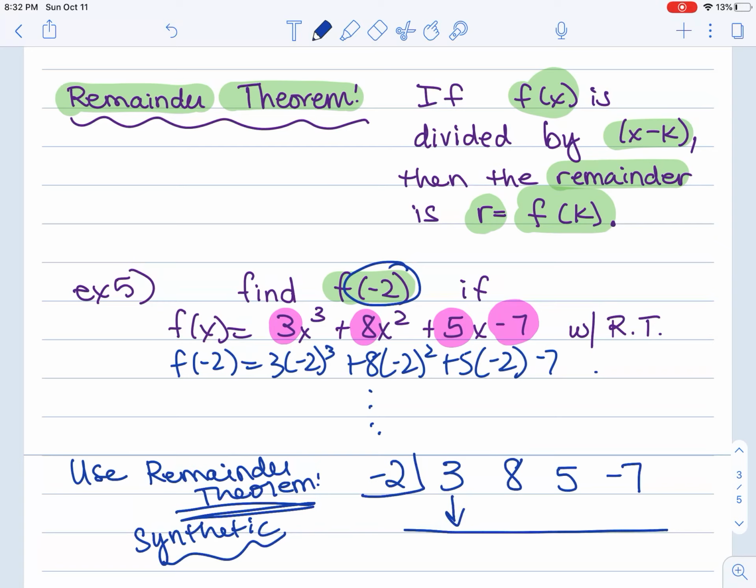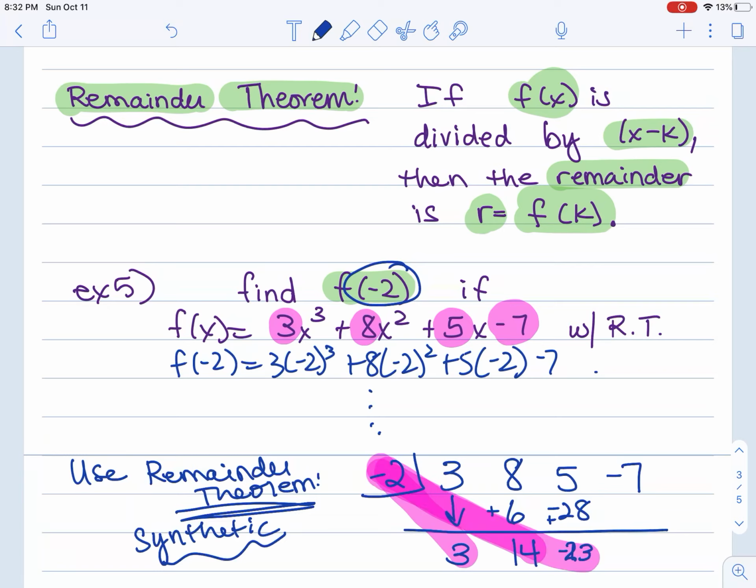We bring the first term down, and then we multiply, put it here, negative 2 times 3 is negative 6, and we add down. Negative 6 and 8 is 2.